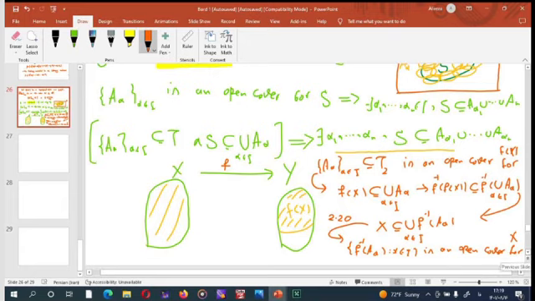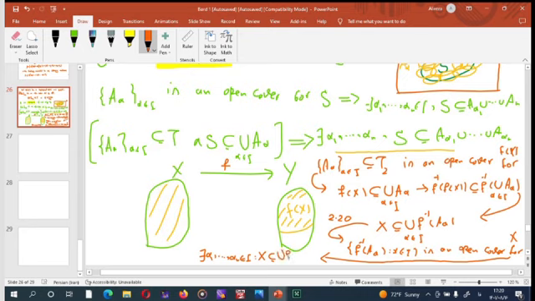and so that there exists some finite number of these open sets such that a finite number of these open sets cover X, or X is a subset of this union.